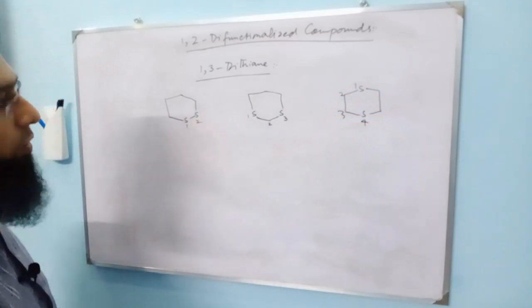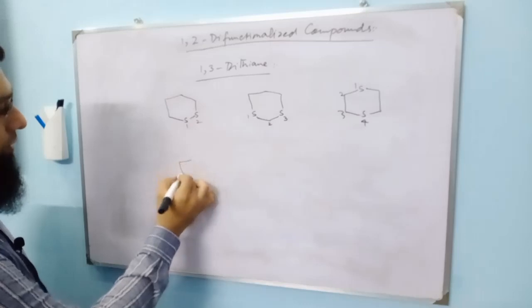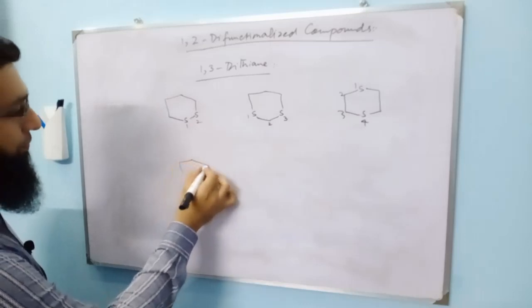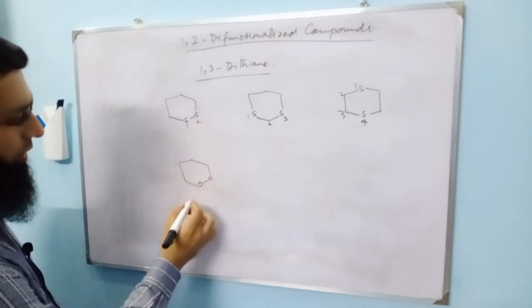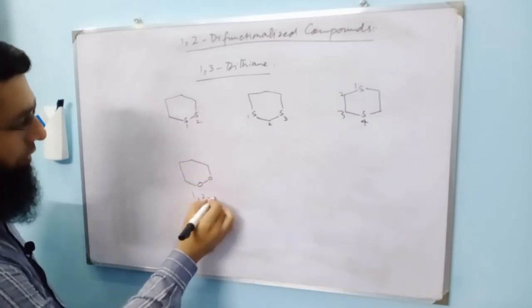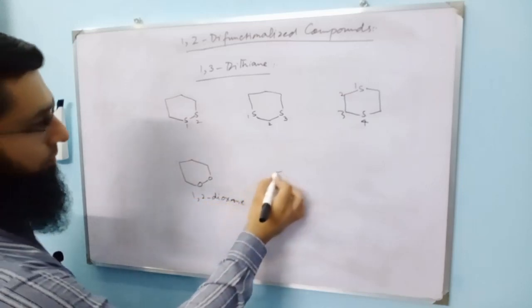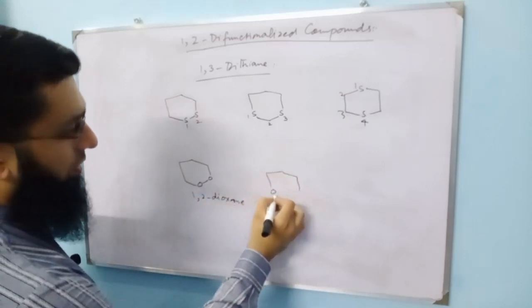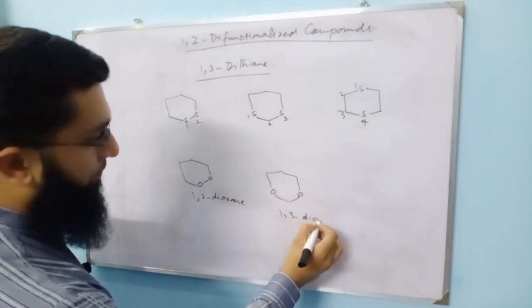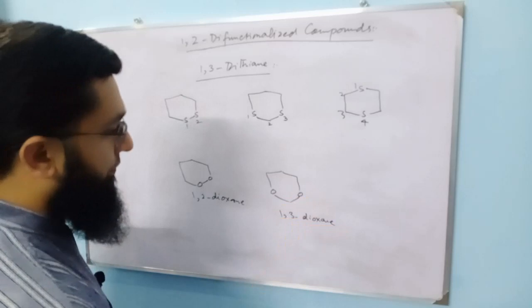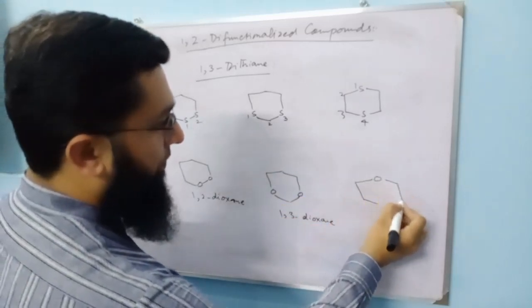And this is analogous to the dioxane derivatives: 1,2-dioxane, here we have 1,3-dioxane, then 1,4-dioxane.